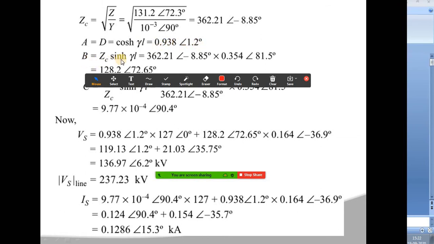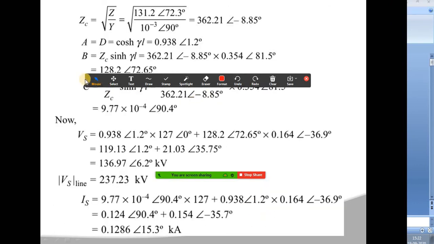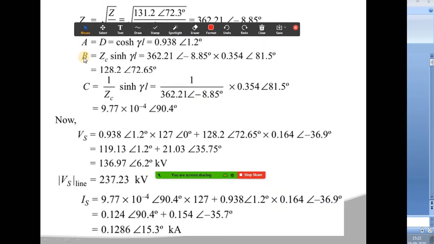B is equal to ZC sinh gamma L. The value of ZC is 362.21 at an angle of minus 8.85 degrees, and sinh gamma L we calculated previously, which is 0.354 at an angle of 81.5 degrees. So you substitute those two values, then you will get the B parameter as 128.2 at an angle of 72.65 degrees.